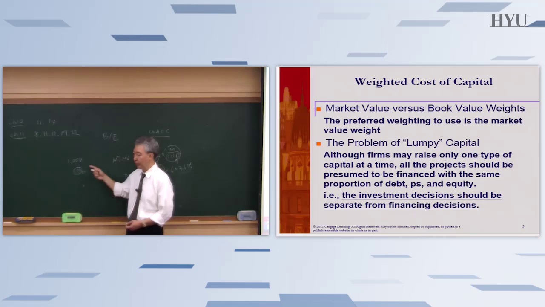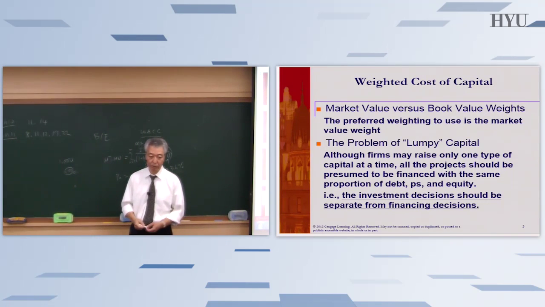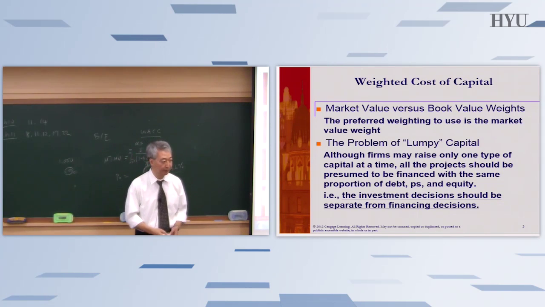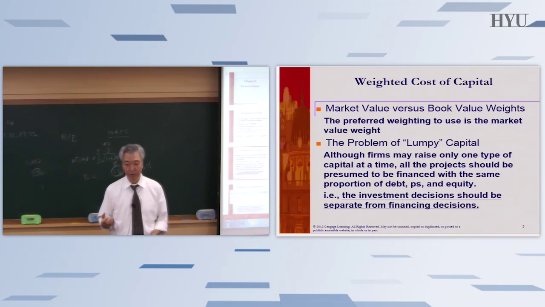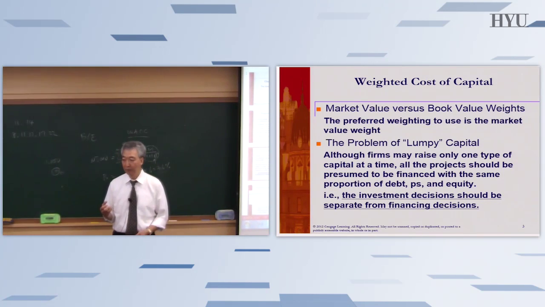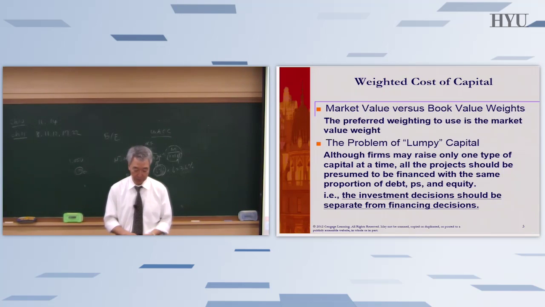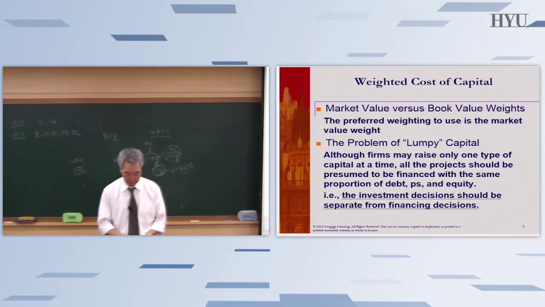Par value is meaningless as far as calculating the rate of return to the investors goes. The same thing for the stocks. Investors will calculate their rate of return by how much they paid when they purchased the stock. So when you calculate the cost of capital, you have to use the market value.